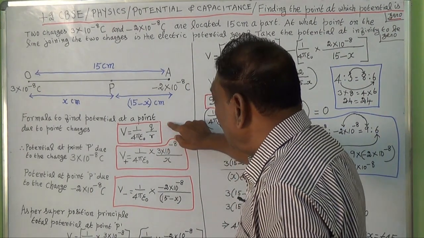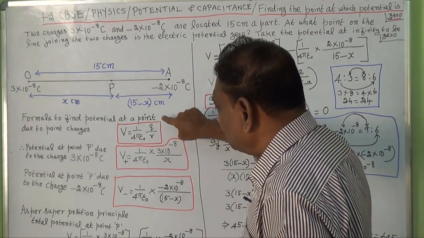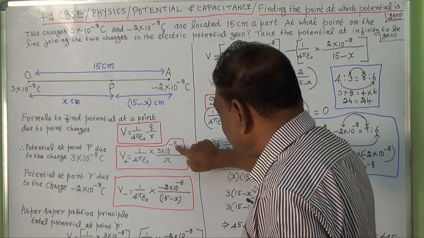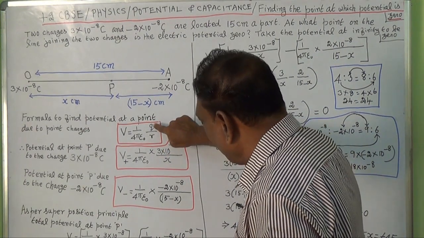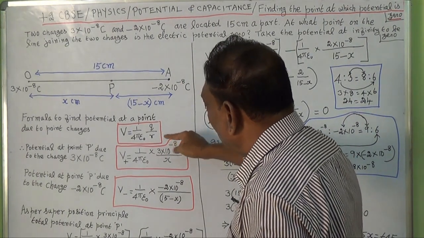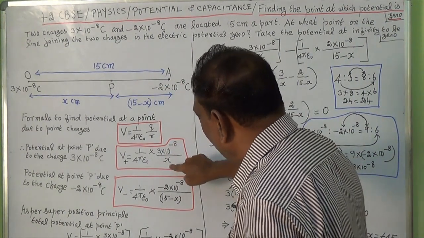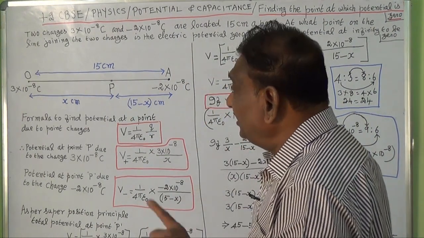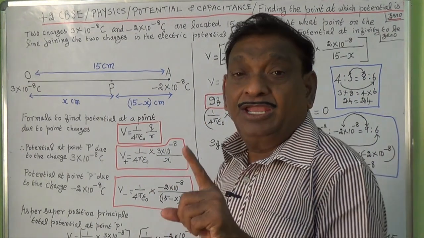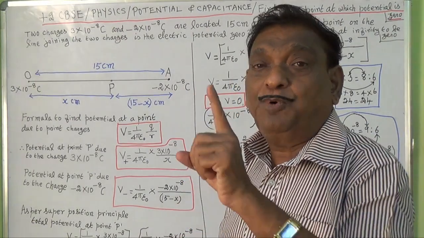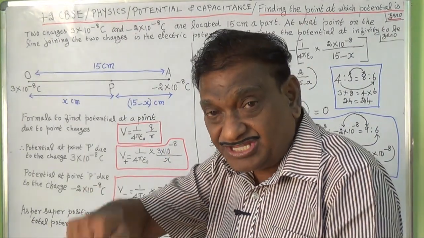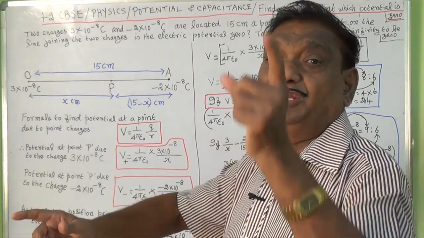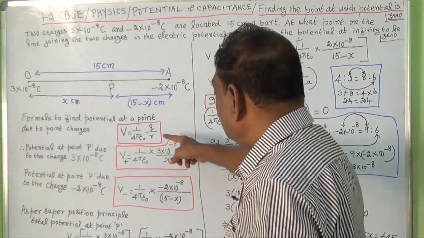In this formula we are going to substitute 3 into 10 to the power of minus 8 as Q, and we are going to substitute X in the place of R. The distance between the charge and the point P in this case is X, not R. So that in the place of R we are substituting X.